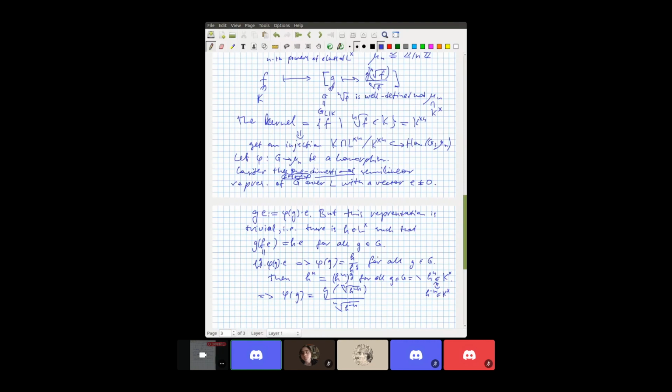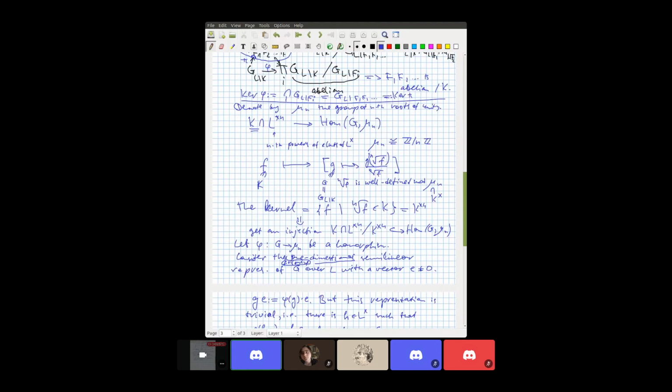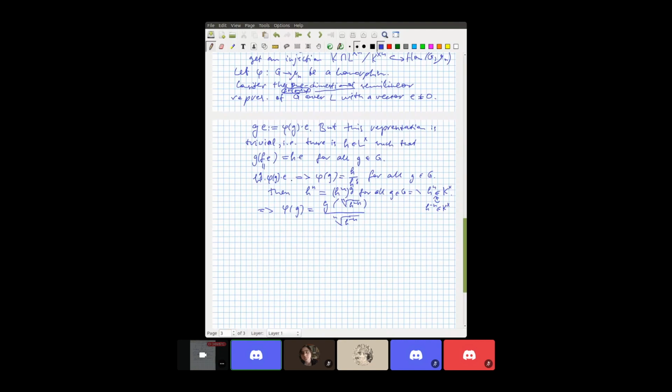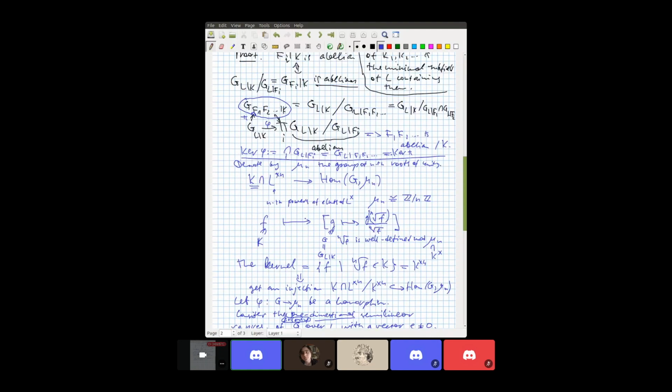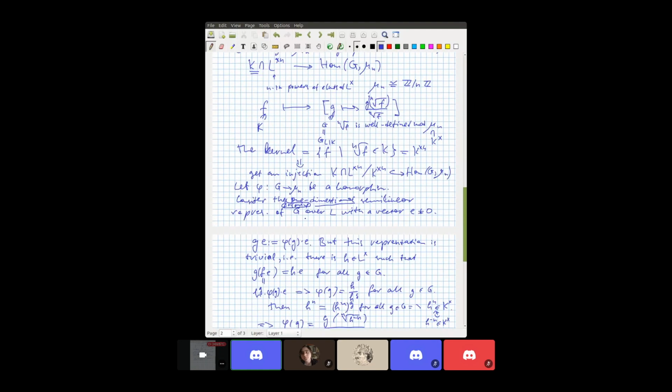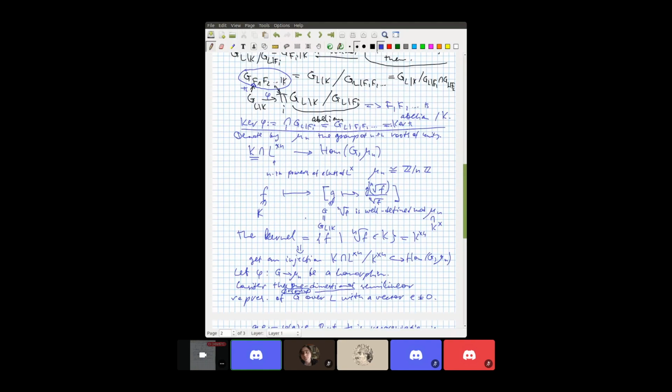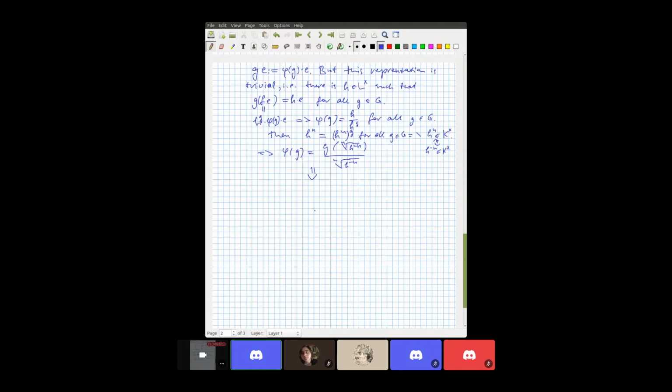And therefore our map is actually surjective. So then the conclusion is the Kummer isomorphism of Kummer theory.